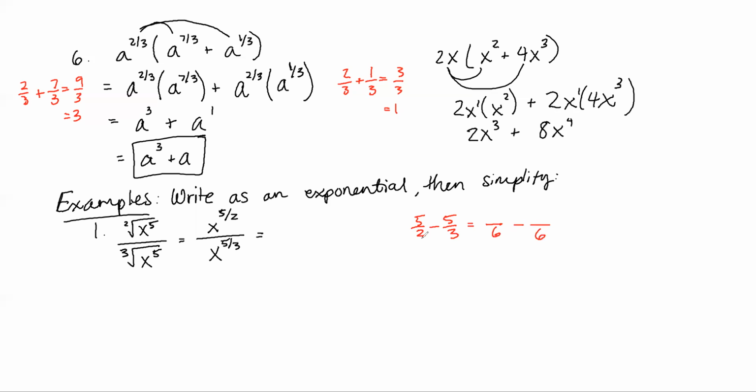So the first one has to be multiplied by 3, so we get 15/6. This one needs to be multiplied by 2, so 5 times 2 is 10. And if we subtract those, 15 minus 10 is 5 over 6. Now, that is our new exponent, so we're going to have x to the 5 over 6. And that is as far as we can go.